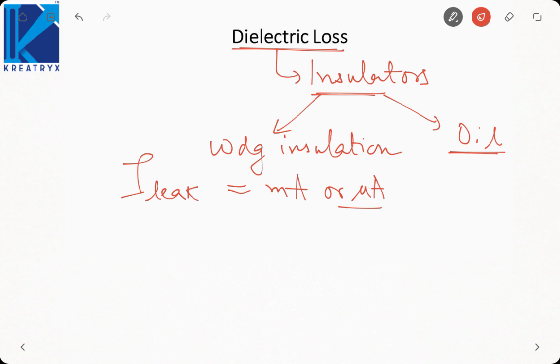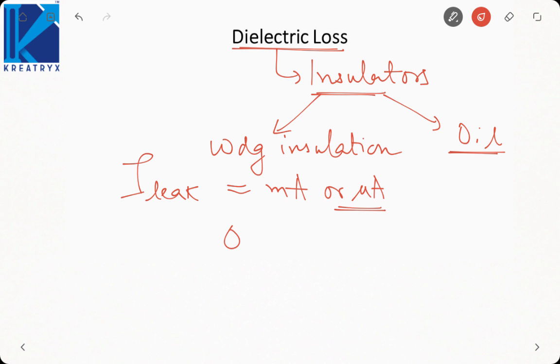The current is very less, but still it has some magnitude. Due to this current, there will be some losses in the core of the transformer which are called as dielectric losses. Usually the core of the transformer is a magnetic material, it is not a conducting material. Still it will incur some losses which are called as dielectric losses.